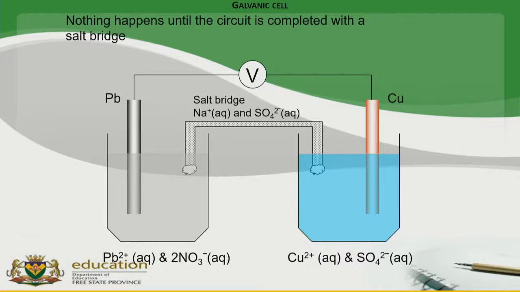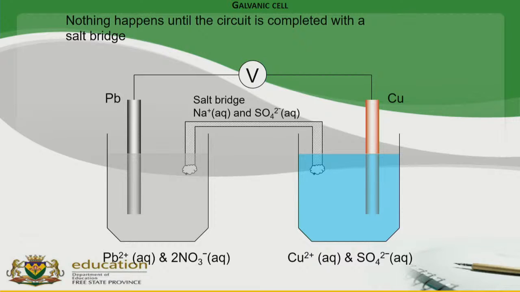So since the circuit is now complete, there will be a reading on the voltmeter. Fine. Now I said to you, we have the same number of positive ions and negative ions in both the beakers. Remember, the concentration of your electrolytes must always be 1 mole per cubic decimeter, and the temperature must always be 25 degrees Celsius.